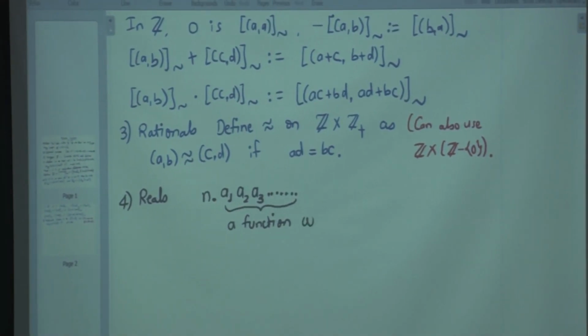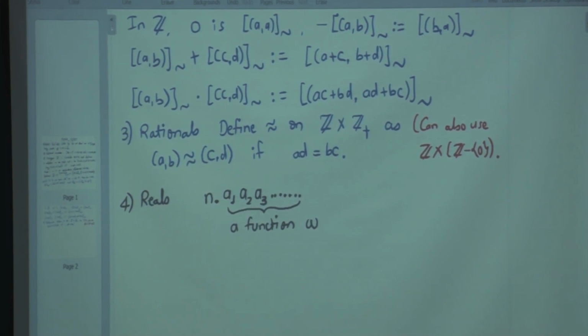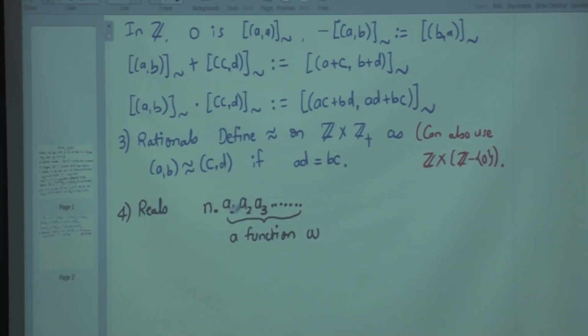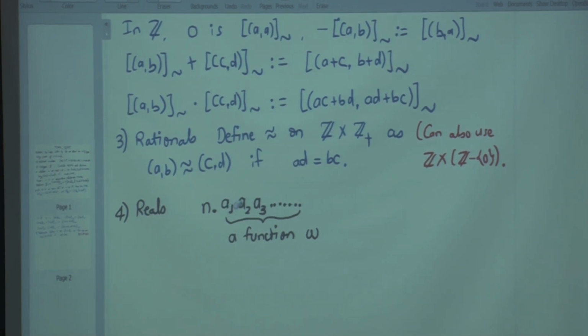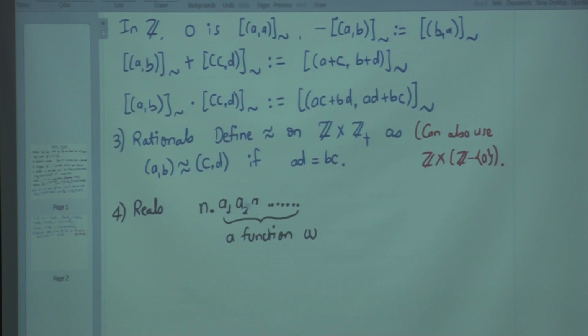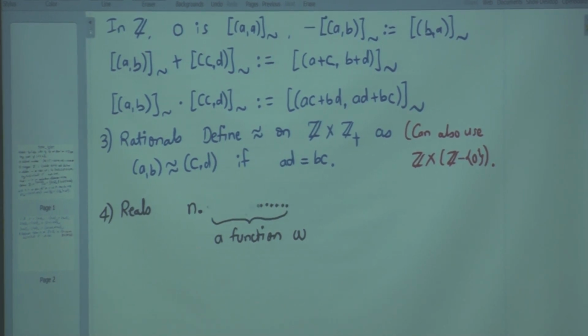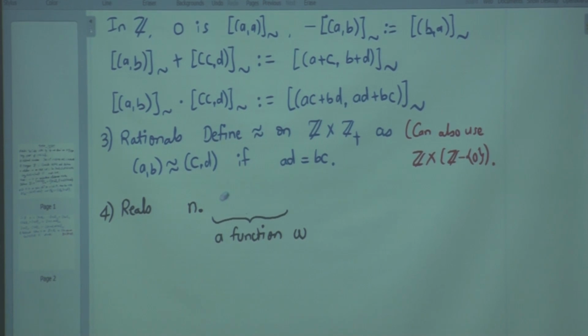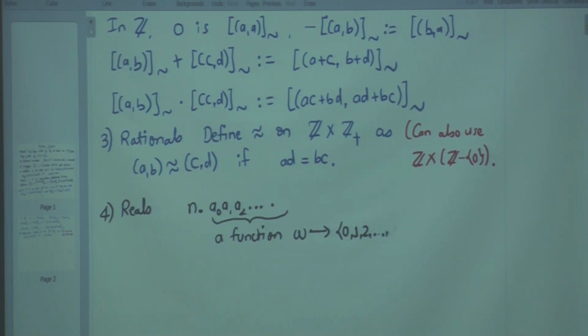from natural numbers. Maybe for natural numbers I should use a0, a1, a2 and dot dot dot, a function from omega to 10, which in our language is precisely the set 10.